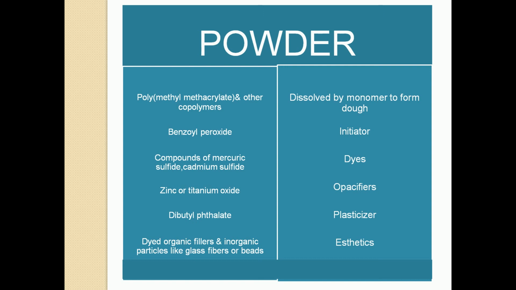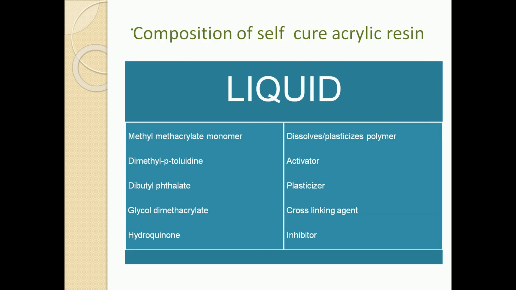Okay, first MCQ was, use of dimethyl p-toluidine is indicated for, your answer is chemical polymerization.